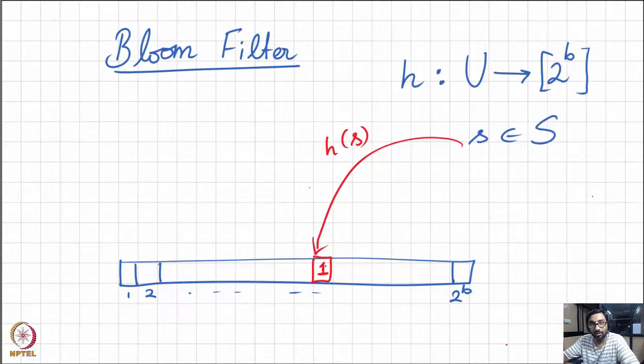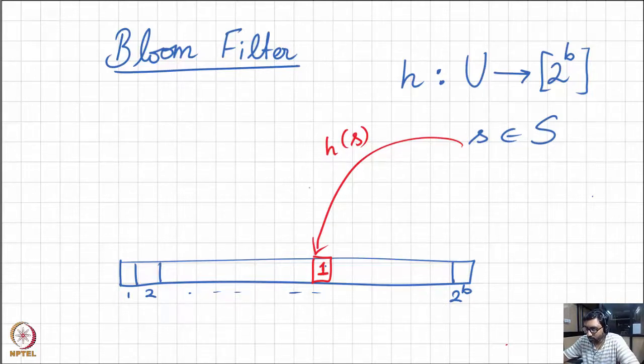Any time a new user ID appears, its hash value points to an index location, and that index location, if it's not already set to a 1, will be set to a 1. This is one way to implicitly store all the fingerprints.